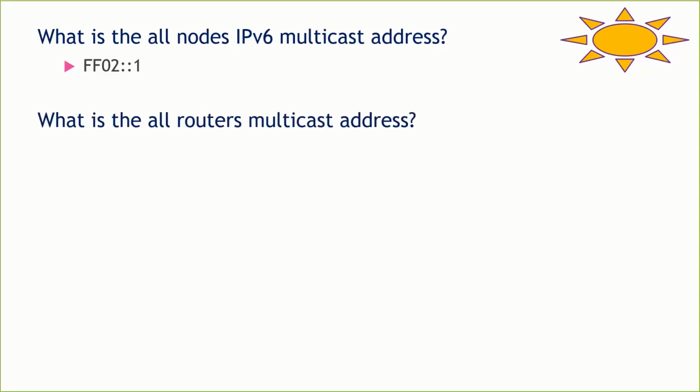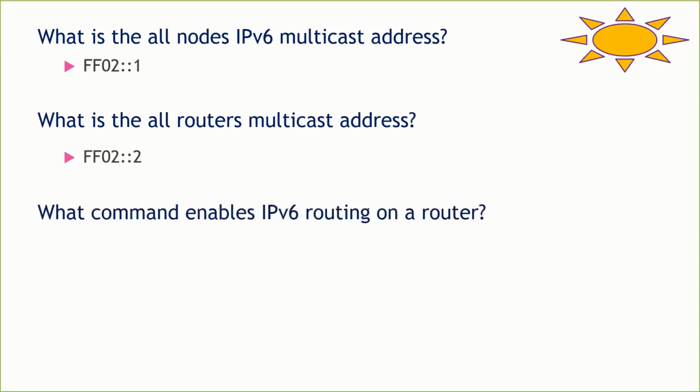So if my host device needs to send a message to the routers, or another router needs to send a message to multiple routers, it uses FF02::2 to communicate to the routers within its network, okay? So again, it's just a form of efficiency. It's more efficient than just broadcasting, right? Just sending everything out.